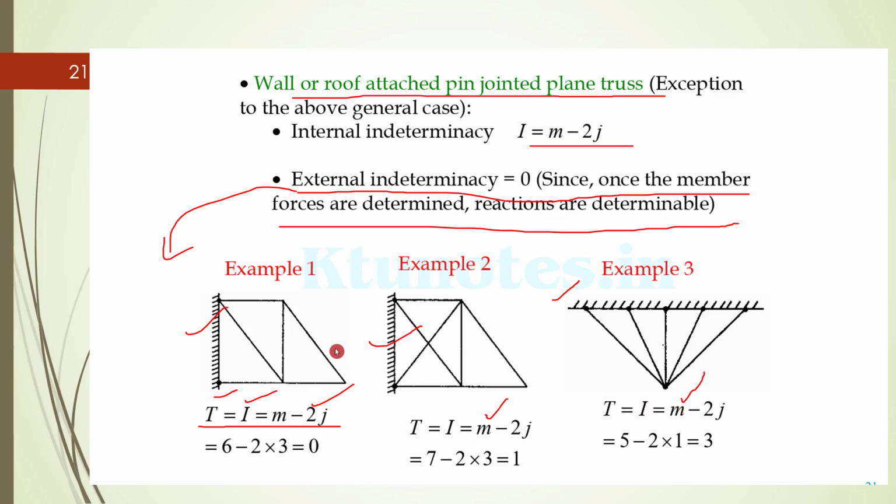You can count the number of members, you can count the number of joints to find the values. Here 1, 2, 3, 4, 5, 6 members, minus 2 into 3. So there will be 3 joints: joint 1, joint 2, and joint 3. Similarly, you can solve for the example 2 and the example 3.